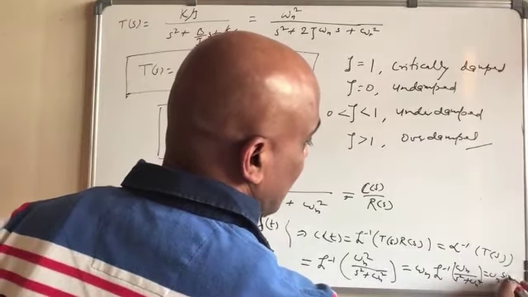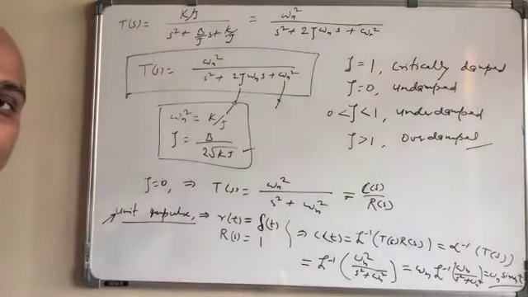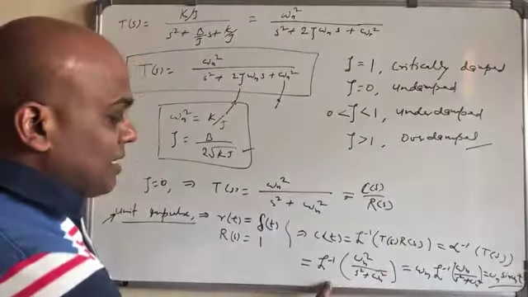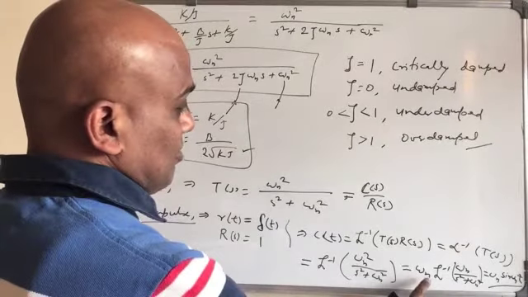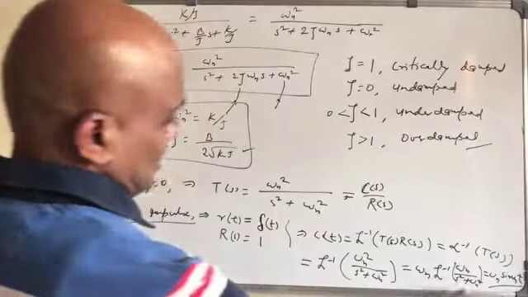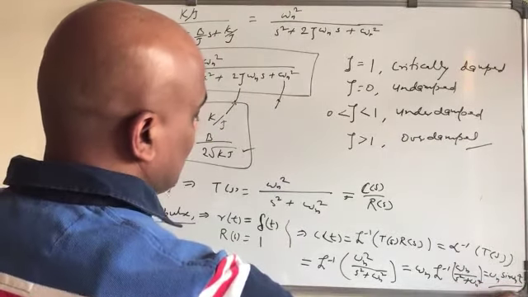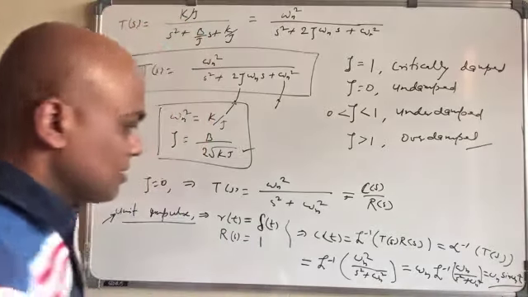So sine omega n t is the answer. So what we got is the purely sinusoidal output in this case, omega n multiplied by sine omega n t.